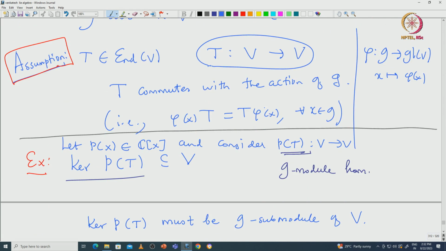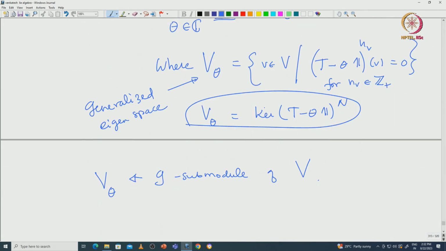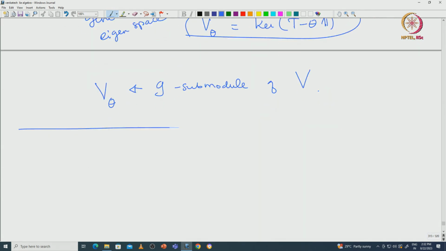So, basically what this procedure tells us, what is the strategy?